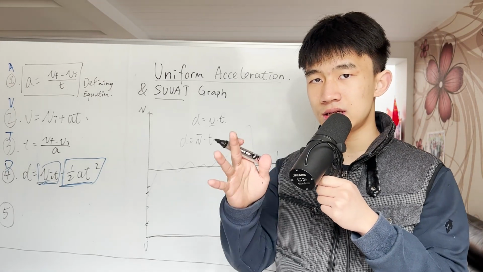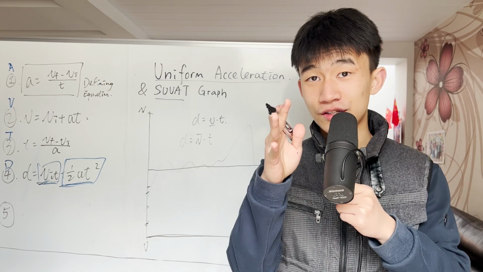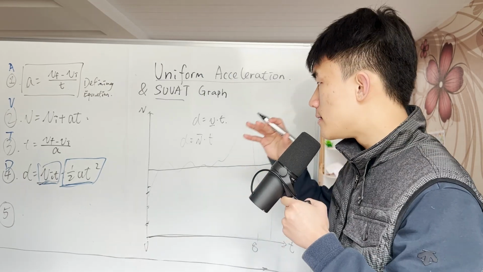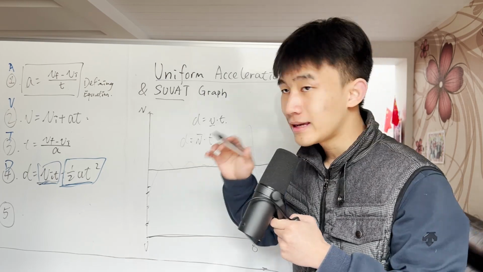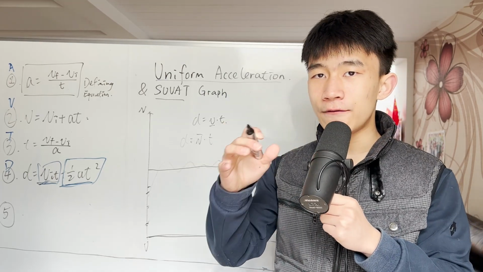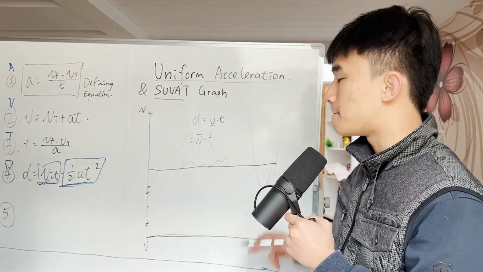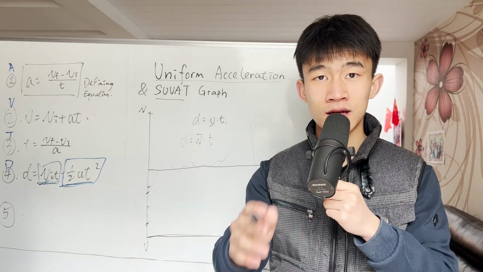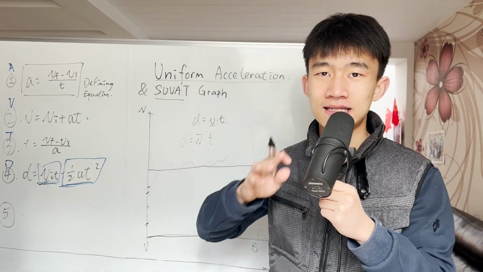So that makes sense, and you can actually prove it. I will leave it as homework for you to actually prove that this is true. So no matter the change of velocity, if I can somehow calculate the average of velocity during this whole time span, I can calculate the displacement of the object even with non-uniform accelerating motion, right?